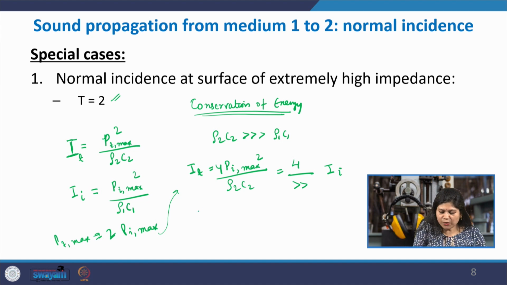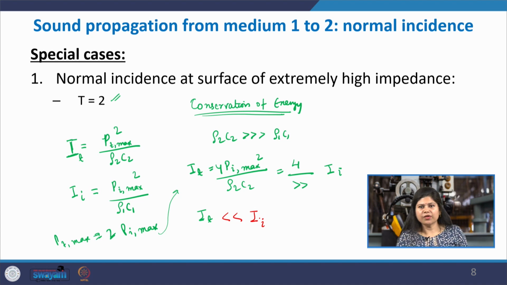Ultimately, the intensity of the wave, or the energy density, for the transmitted wave is much lower in magnitude than the intensity of the incident wave. So now this interaction makes more sense: if we have a high impedance medium, although the amplitude of the pressure wave is increasing, the intensity of sound actually decreases quite a bit in the high impedance medium.